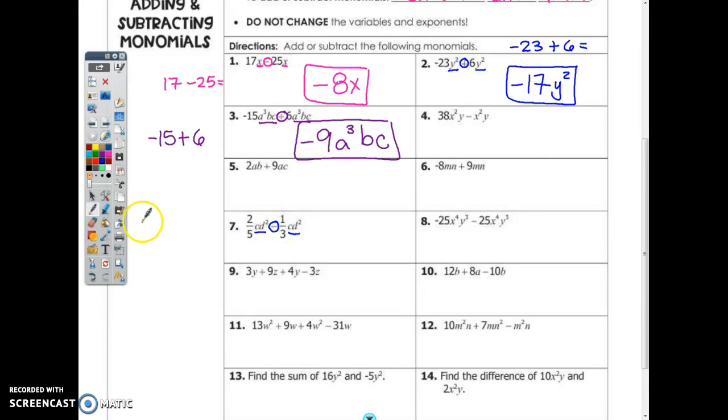In the calculator, you would type parentheses 2/5, that's 2 divided by 5, minus parentheses 1/3, that's 1 divided by 3. And then you do math, enter, enter.